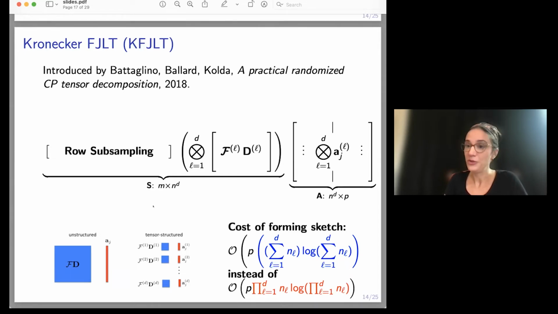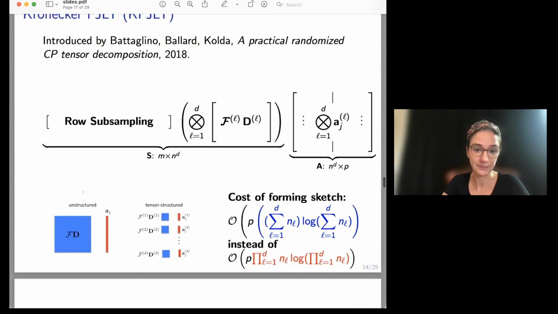So this paper introduced these fast sketching matrices for vectors with Kronecker structure, but it didn't give any rigorous bounds for the Johnson-Lindenstrauss property of this type of matrix. They conjectured in that paper that this Kronecker structured fast JLT does satisfy the JL property, due to experiments that they did.